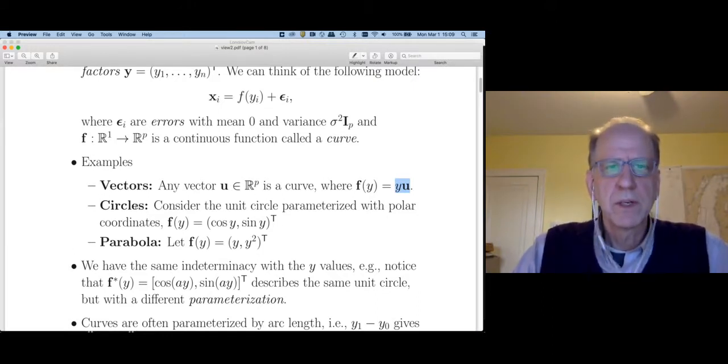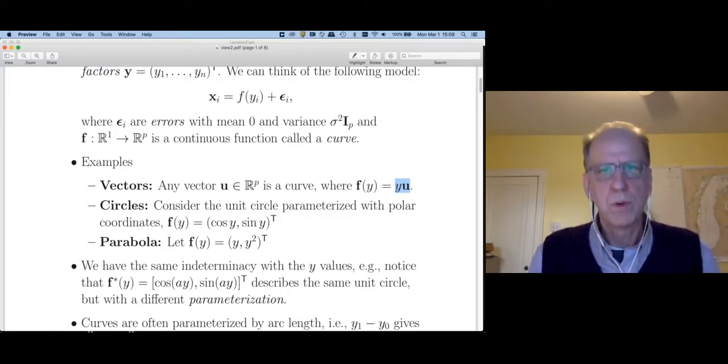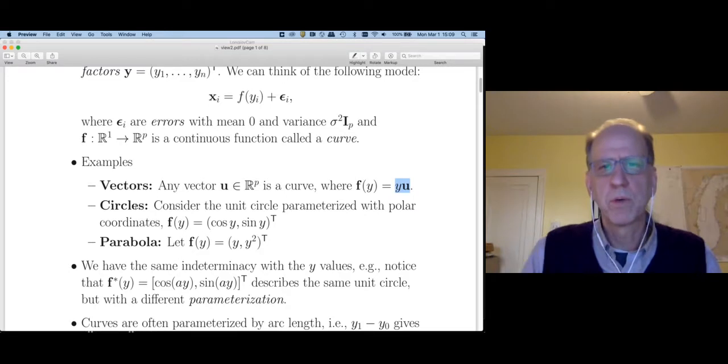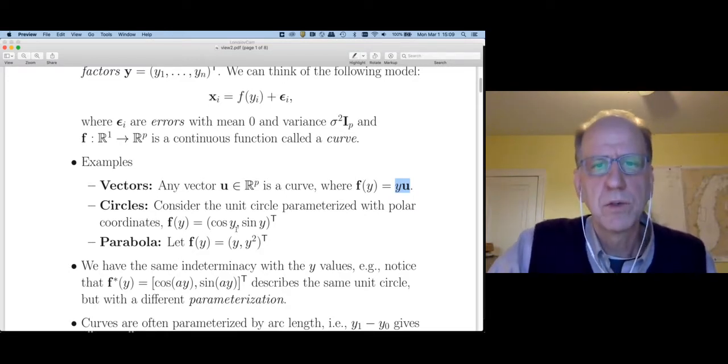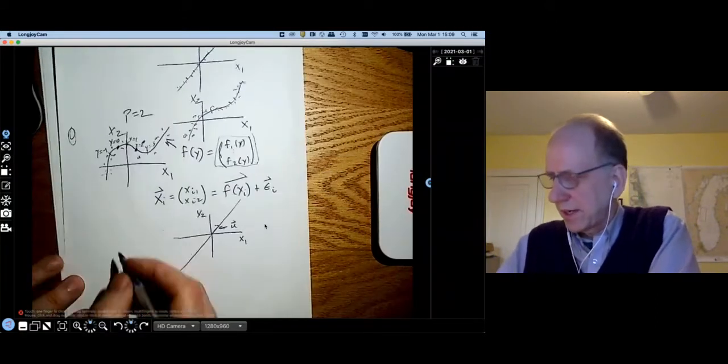Another familiar example is the unit circle with polar coordinates. So let's have a quick review of polar coordinates. Back in high school, you probably would have used theta instead of y. But here's the idea.